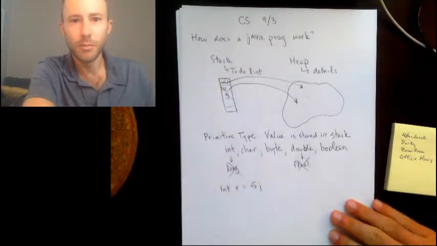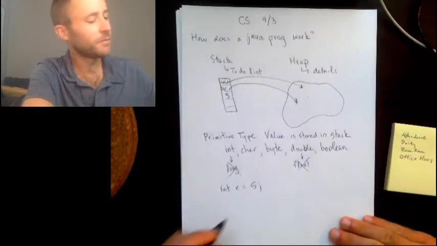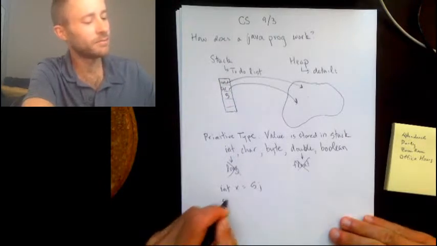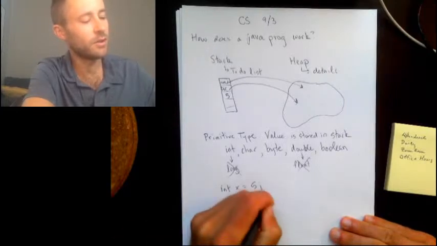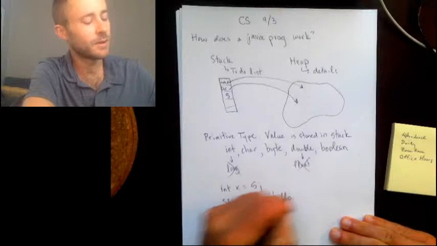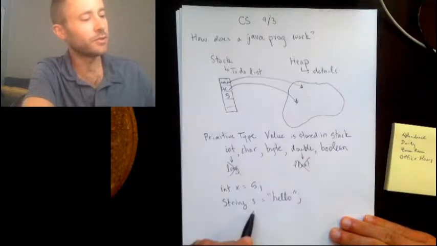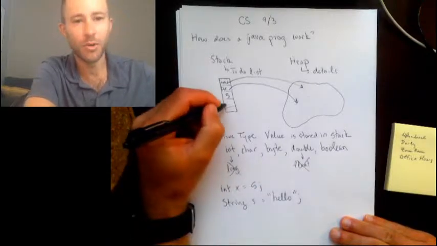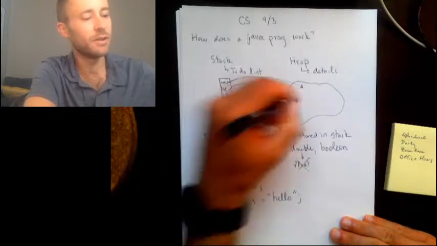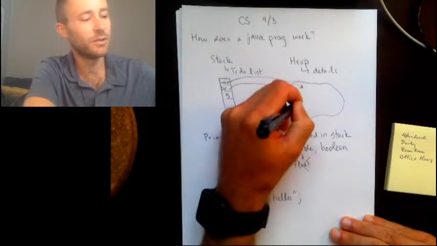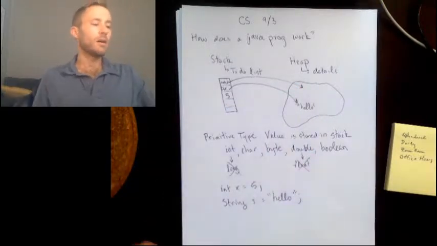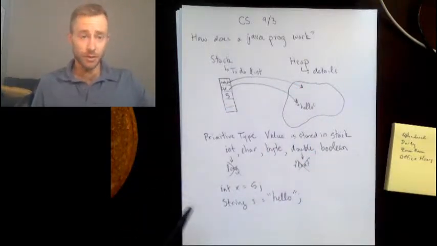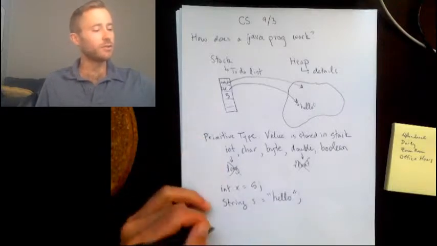But if you have a string s equal to "hello," what you're going to have is the memory address of "hello," and then "hello" is going to be somewhere in the heap. So those are primitive types. Everything else is an object.